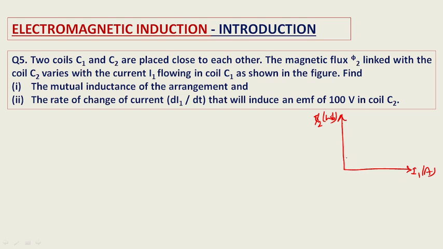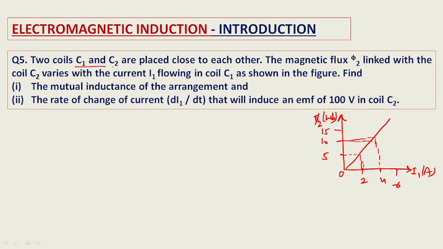So what is given here: 5, 10, 15, and this is 0 only, and this is a straight line, then 2, 4, 6. Like this it is given. This is the figure given.